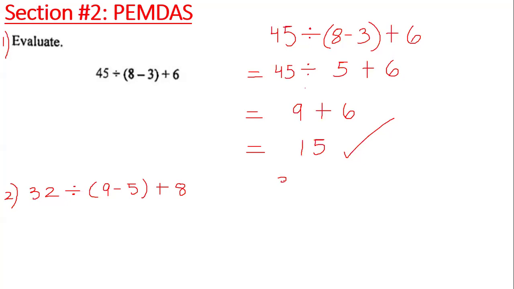Number 3 is going to be 56 divided by open bracket 17 minus 10 plus 3.